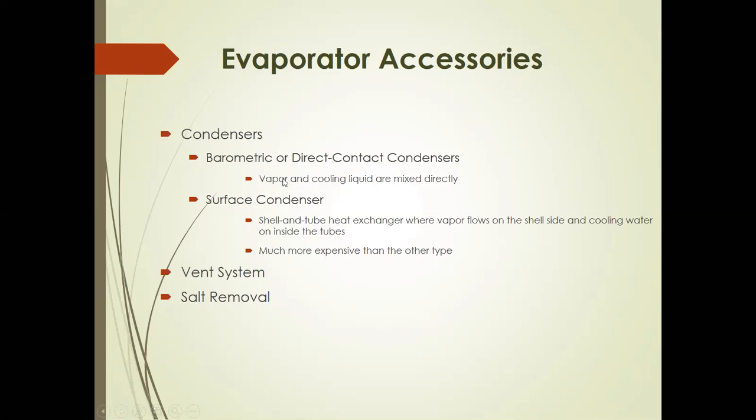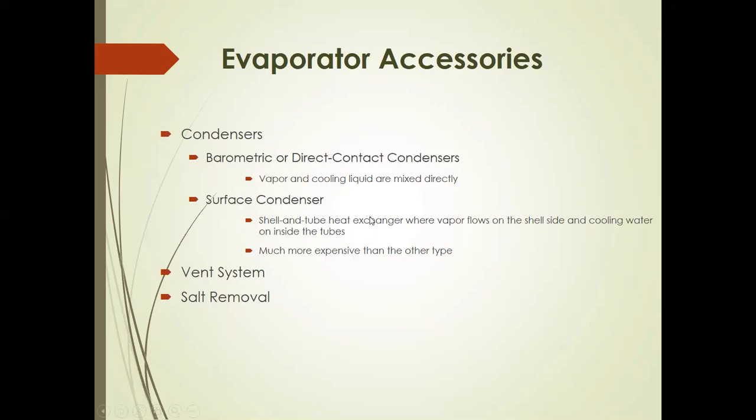In the case of barometric or direct contact condensers, the vapor and the liquid that is to be used as coolant are mixed directly. So there is direct mixing of the vapor and cooling liquid, and as such, the vapor is condensed. In the case of the surface condenser, the condenser is in the form of a shell and tube heat exchanger.